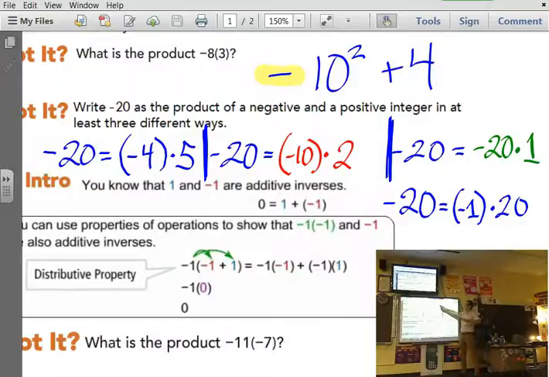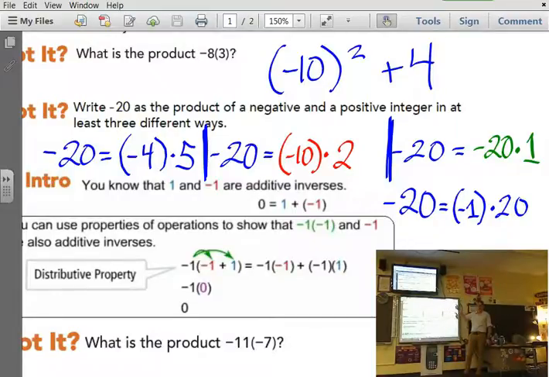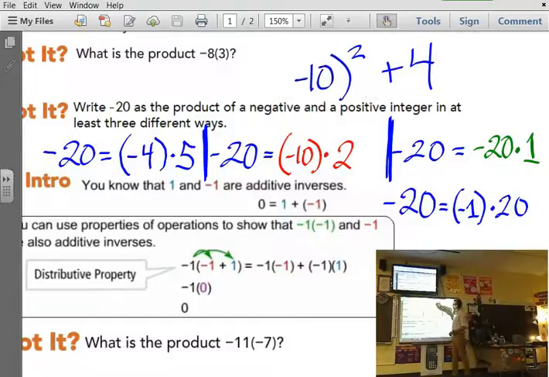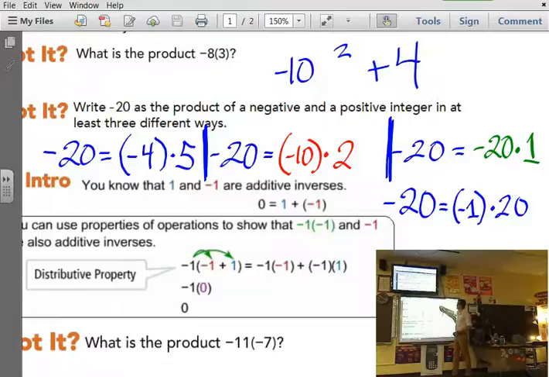So my exponent operation has to happen first, and because this is not in parentheses, it's not joined up. Now, what the dad thought it was, if this was negative 10 squared, that's how the dad was looking at it. But we would need the parentheses to group my negative. Otherwise, this is just the opposite of 10 squared, because I have to do the square first, then the arithmetic symbol happens. So be careful with that problem.